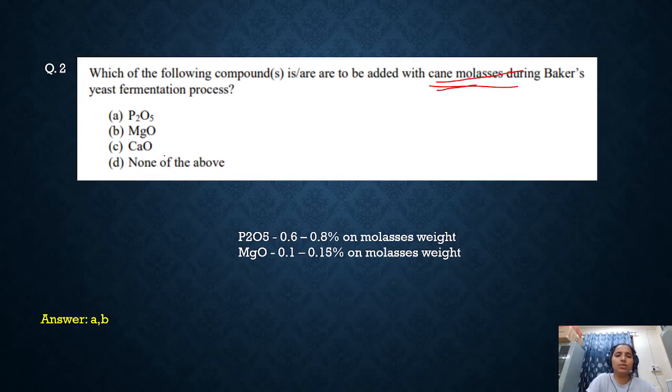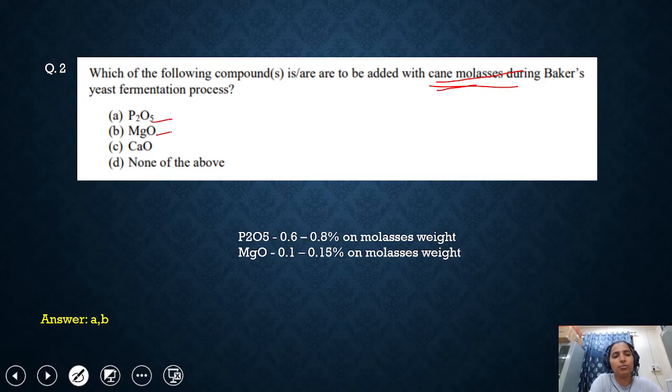So you have used both this P2O5 and MgO, both are used in this cane molasses process. The percentage is fixed, like how much amount is used, that is mainly in between. Like for P2O5 it is 0.6 to 0.8% as compared to this molasses weight, like how much you are using.